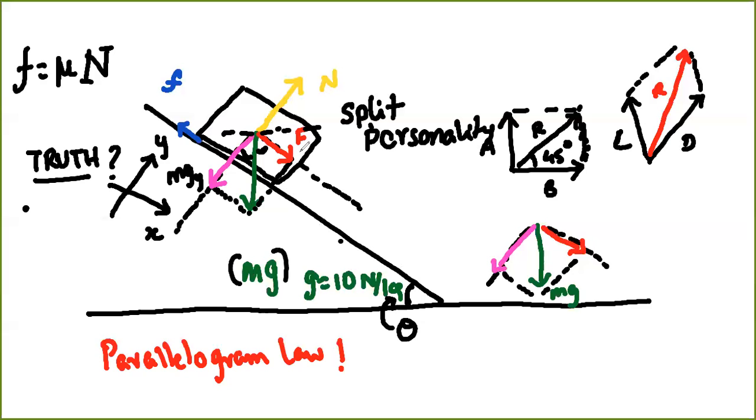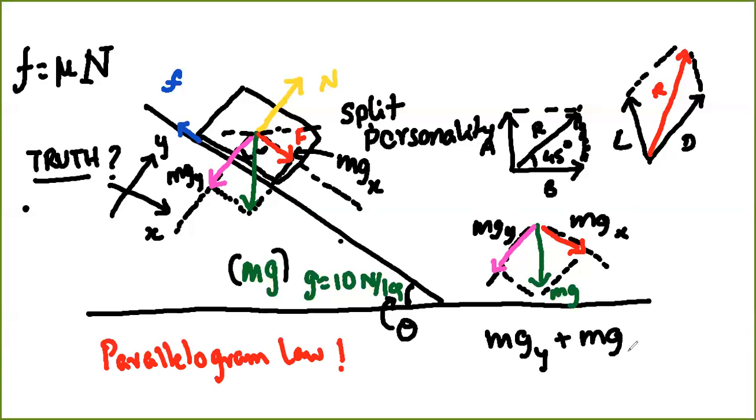And this force over here, the red one, will be mg acting in the direction of x. If we add the two up as vectors, mg y plus mg x, we are going to get mg.